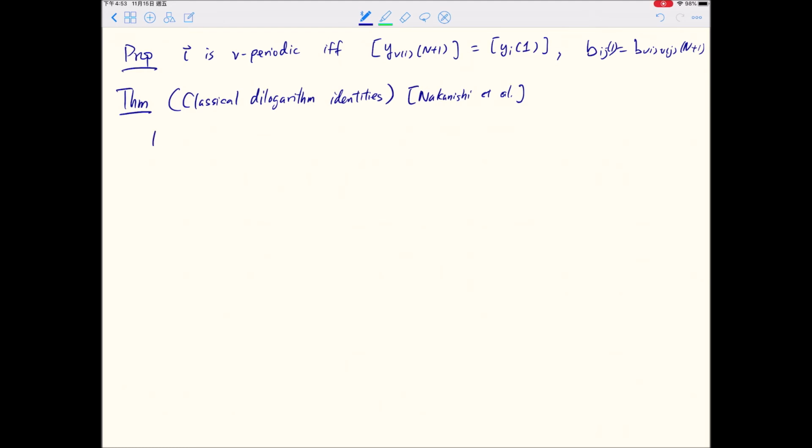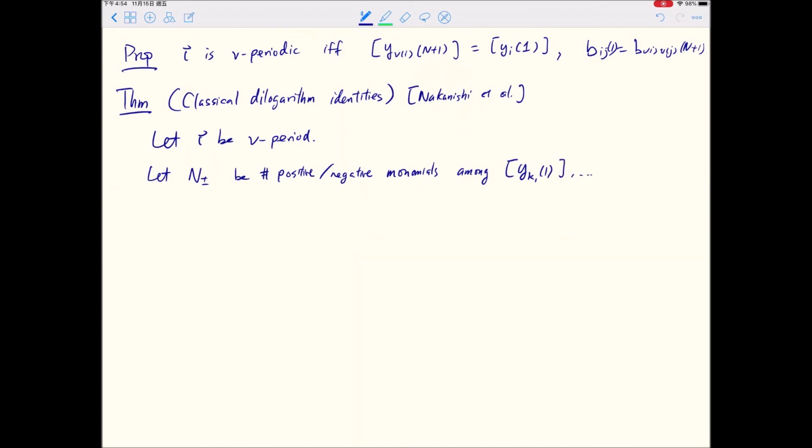So let I be a nu-period and let n plus and n minus be the number of positive or negative monomials among all the tropicalizations of the seed y_{k1} up to y_{kn}.